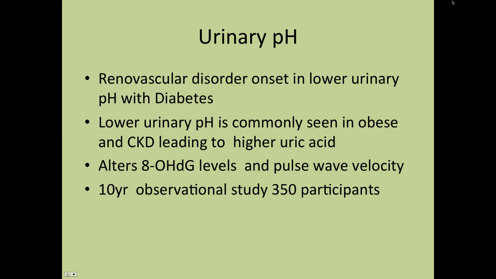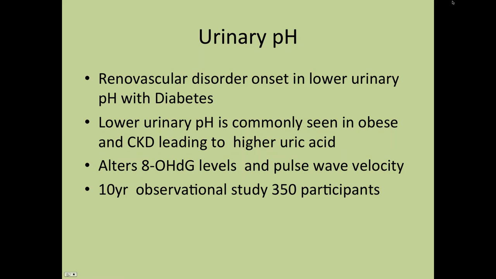Then the next thing I want you to look for, this is a 10-year observational study with 350 participants looking at this data, altered 8-OHdG. 8-hydroxydeoxyguanosine is related to when pH in urine is low, you have more oxidative damage, and it alters your pulse wave velocity.